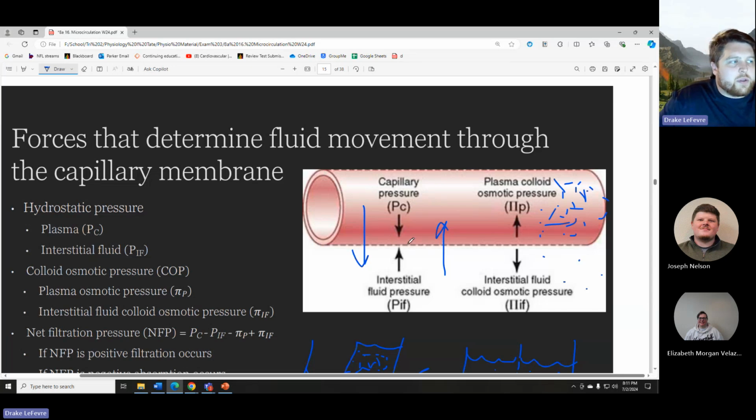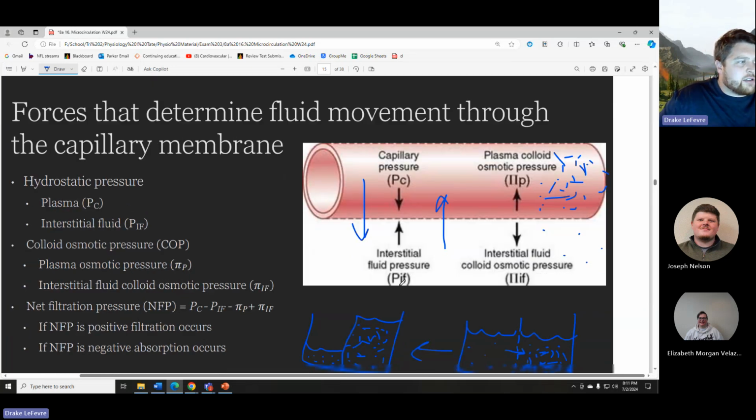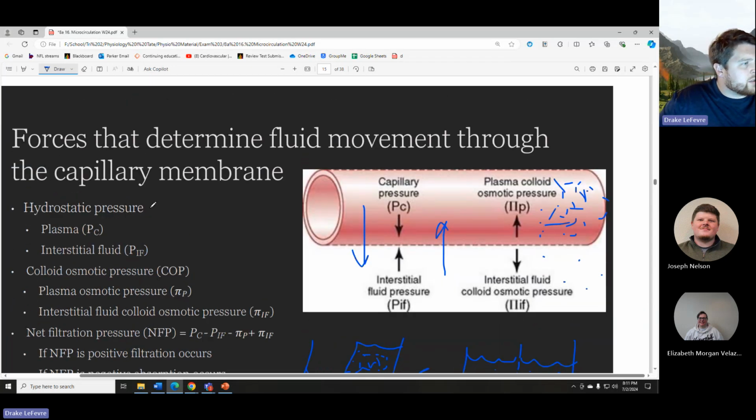So we have this capillary pressure and the interstitial fluid pressure, which are also known as hydrostatic pressures. And we have the osmotic pressure happening at all those points. And we could actually even draw, so let's erase all this so it looks clean. So we're getting this capillary pressure.